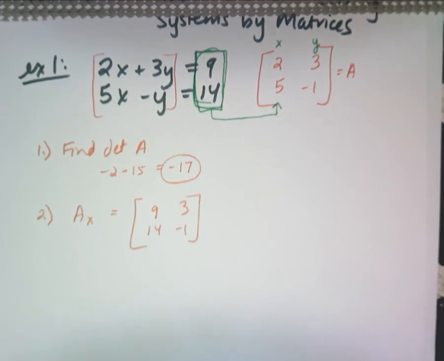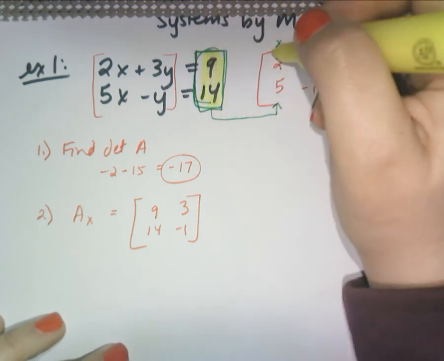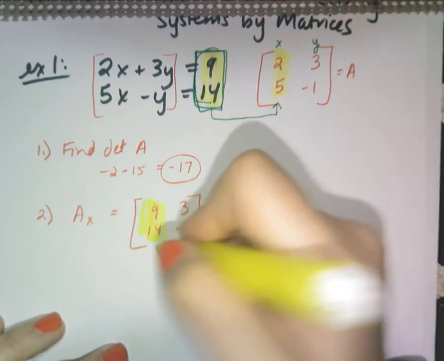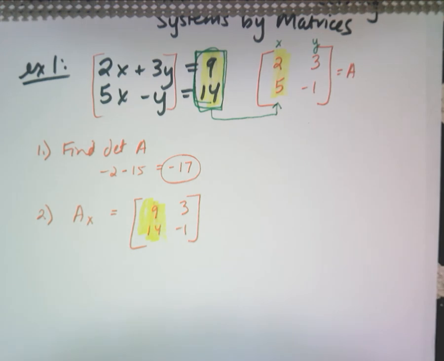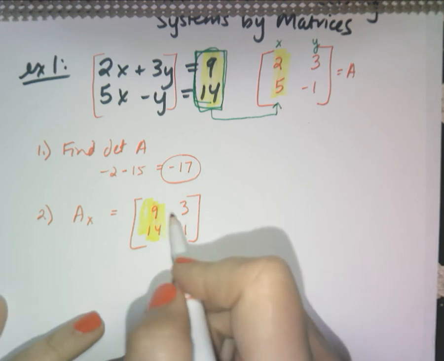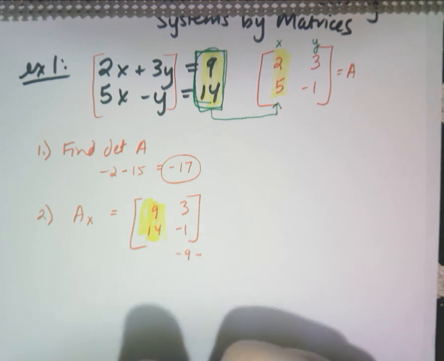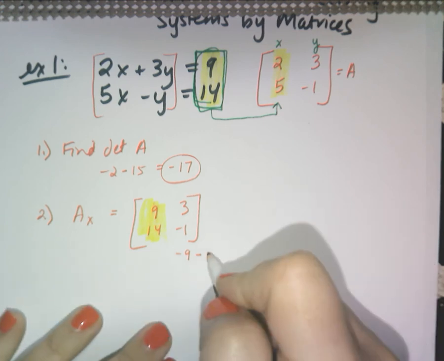Do you all see what I just did? Okay. So again, I took the equal part and I replaced that into the X. And I created a new matrix. Now, find the determinant of that new matrix. What would the determinant of this one be? Well, this would be -9 minus 42.